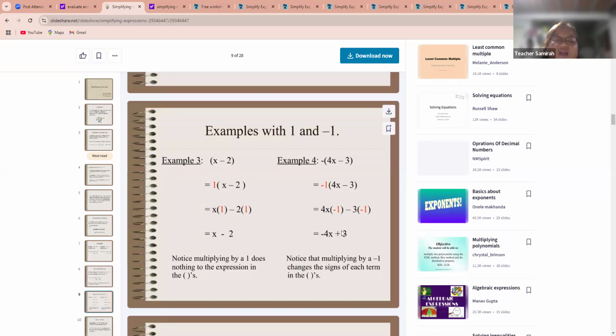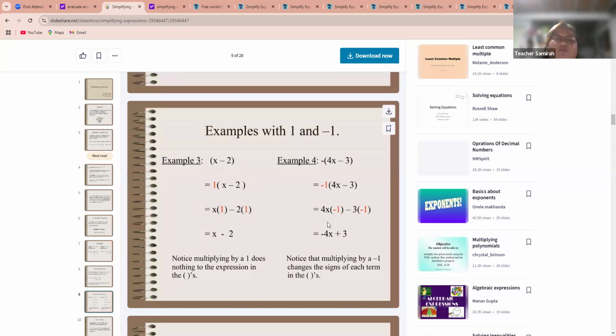How does it become different? The first term has a variable while the second term doesn't have a variable. Okay? If you notice, multiplying by positive 1 does nothing to the expression inside the parentheses. So quantity x minus 2, when multiplied by positive 1, the answer is also x minus 2.